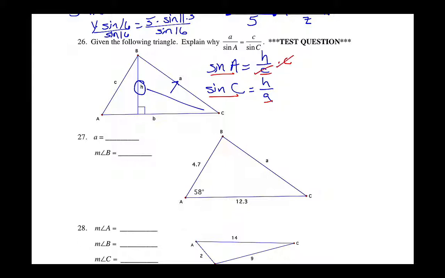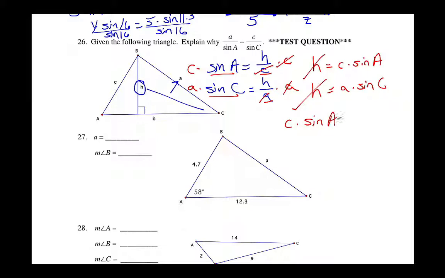We're going to solve for h. So I get this equation that says h is equal to c times the sine of A. And I'm going to multiply by a in the second equation. So I'm going to end up getting this idea that h equals a times the sine of C. And then we use the transitive property. If both of these things equal h, then they should equal each other.